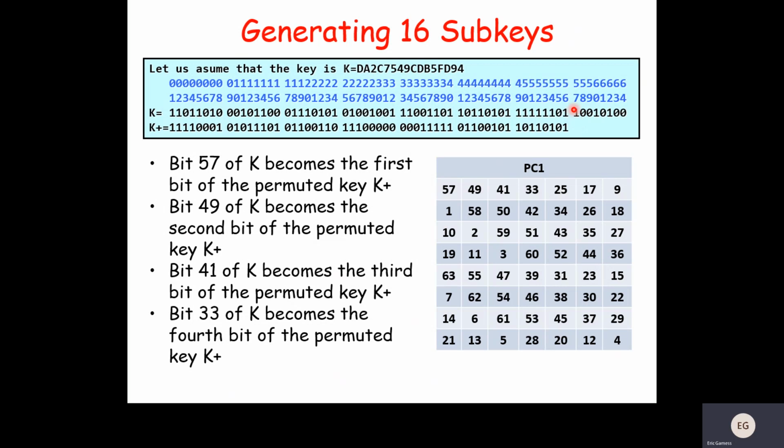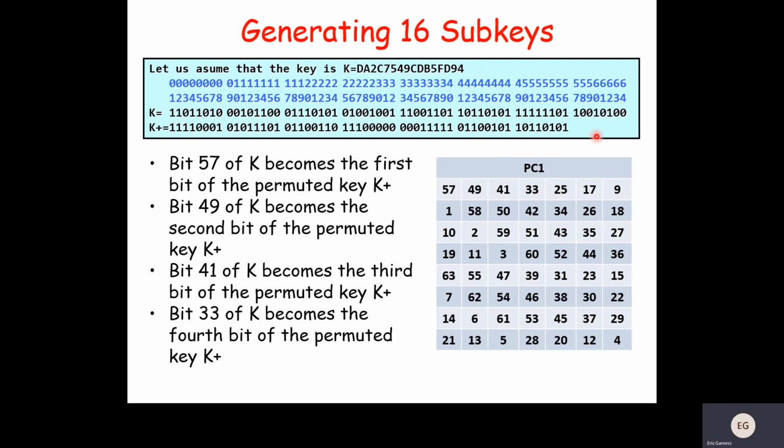So this one will be the first in the result in K plus. Then we need bit 49. So 49 is this bit in the input. It will be the second bit in the output. Then as third bit, we have bit 41. 41 is this column. So the input bit is 1. We will have 1 as the third bit.